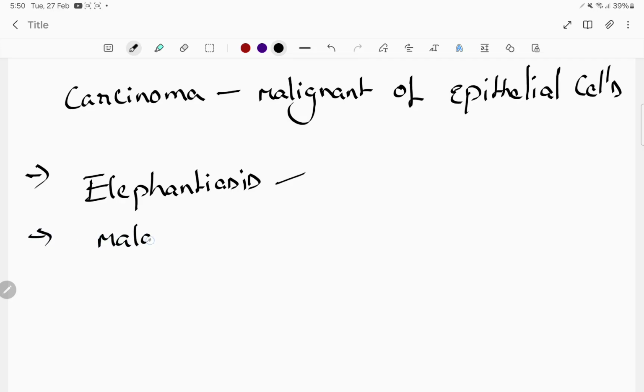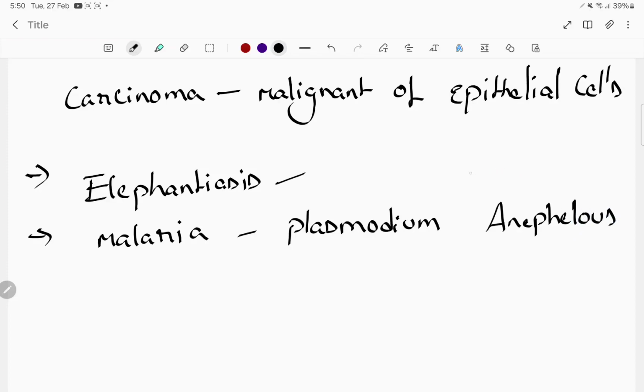And next, malaria. This is caused by Plasmodium, and this is caused by Anopheles mosquito.